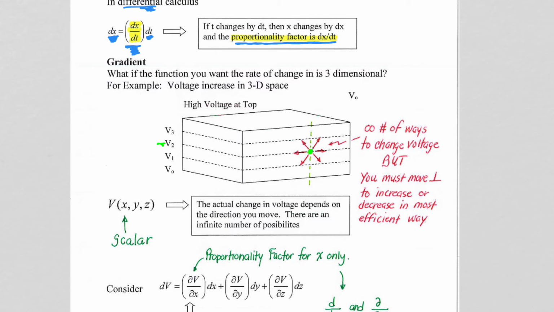As it says here, there's an infinite number of ways to change the voltage. We could go anywhere in space three-dimensionally, and the voltage would change based on that movement. However, in order to maximize my change in voltage, I must move perpendicular to the voltage line to get to the next line. So there's only one way to get a maximum increase or maximum decrease. The most efficient way, the only maximum change, is this perpendicular.